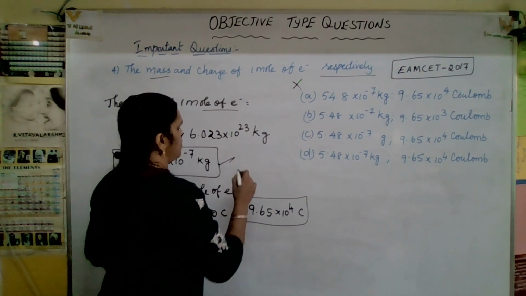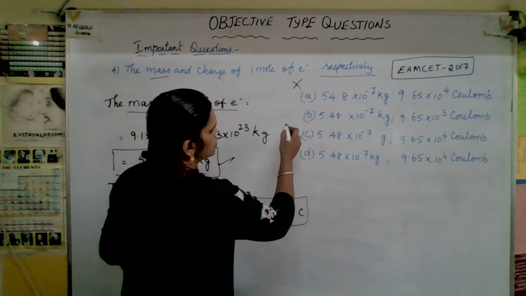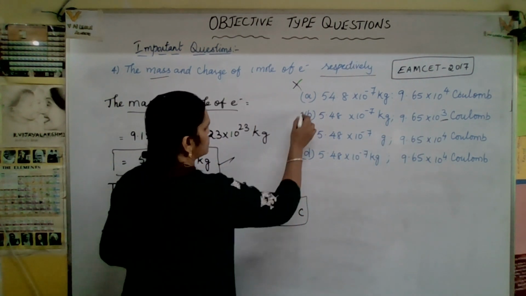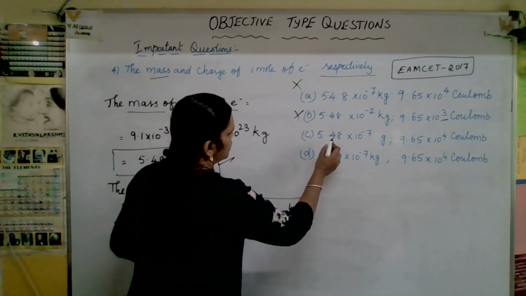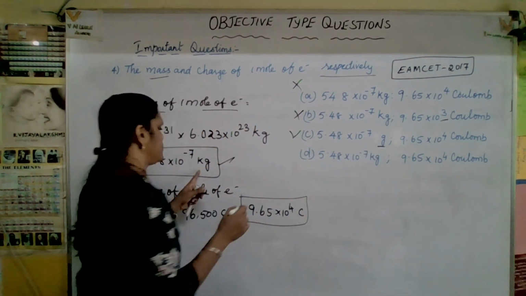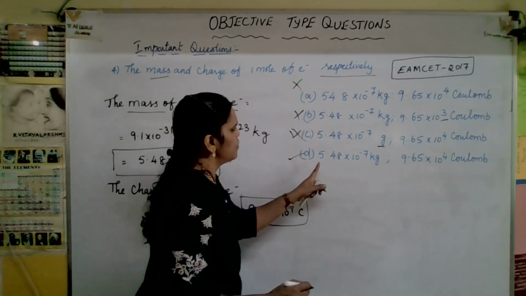Here they mentioned kg, but 5.48 only. So this is also wrong. This is 3 they have mentioned, it is 4 actually. Yes. Now 5.48 into 10 to the power of minus 7 gram they mentioned, it's kg. So which is the correct option? D is the correct option.